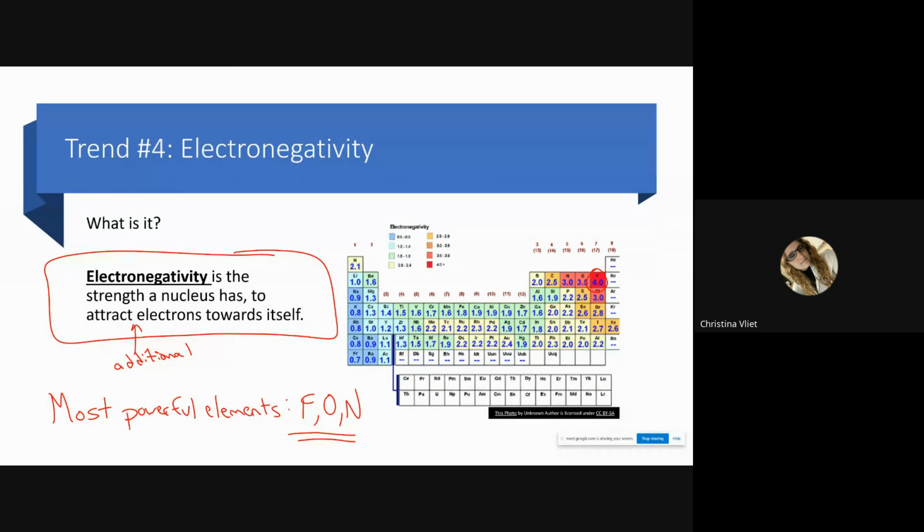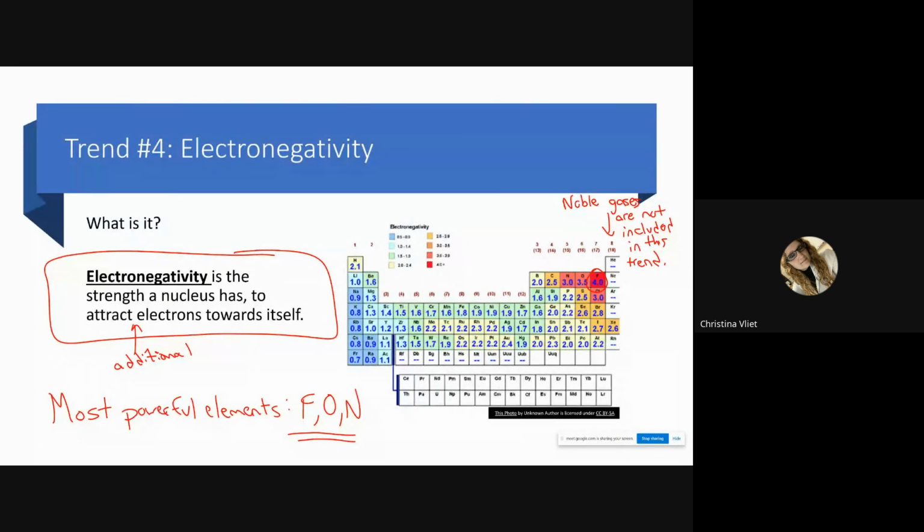Okay, there's another thing that's really interesting here. Most noble gases don't have electronegativity, so noble gases are not included in this trend. And you're going to want to write that down. Noble gases are not included in this trend. Why not? This is the only trend they're not included in. Because they cancel out. Right.